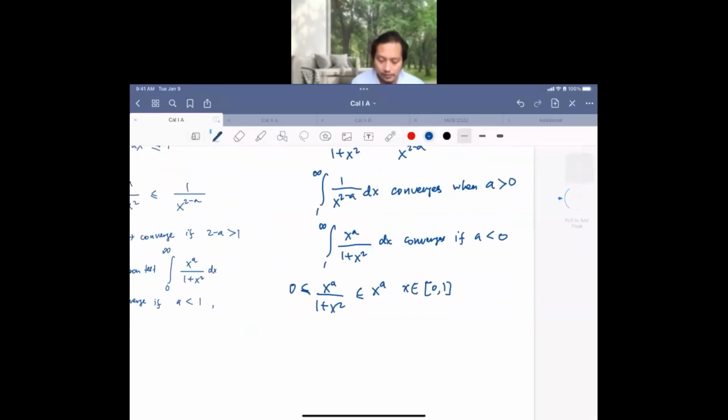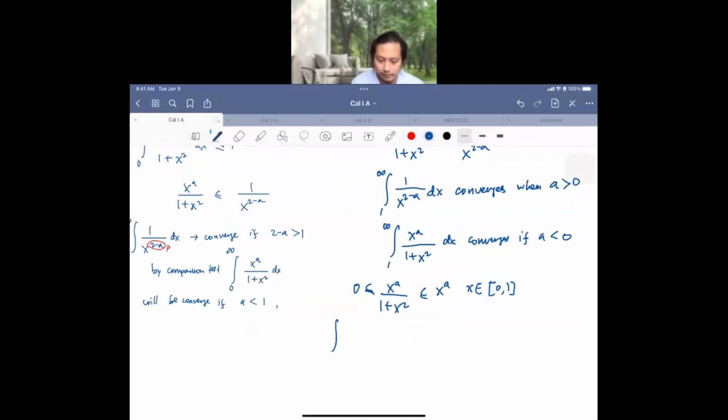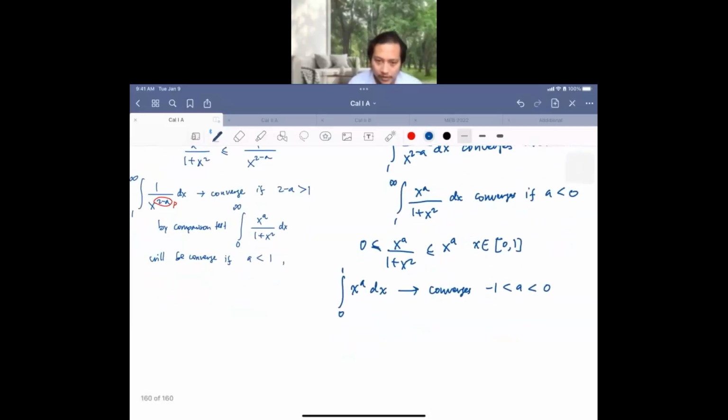And by p-series, this will be converged in between -1 to 0. And by comparison theorem, it will be converged if a is greater than -1.